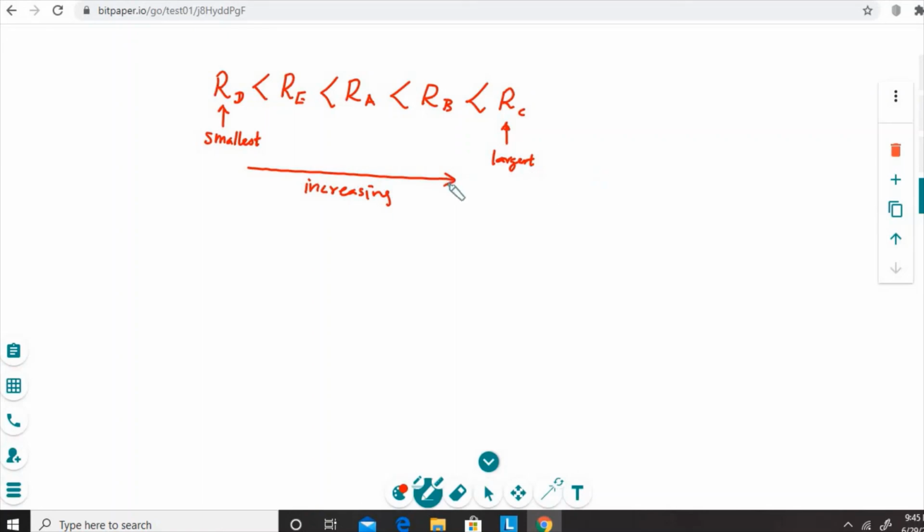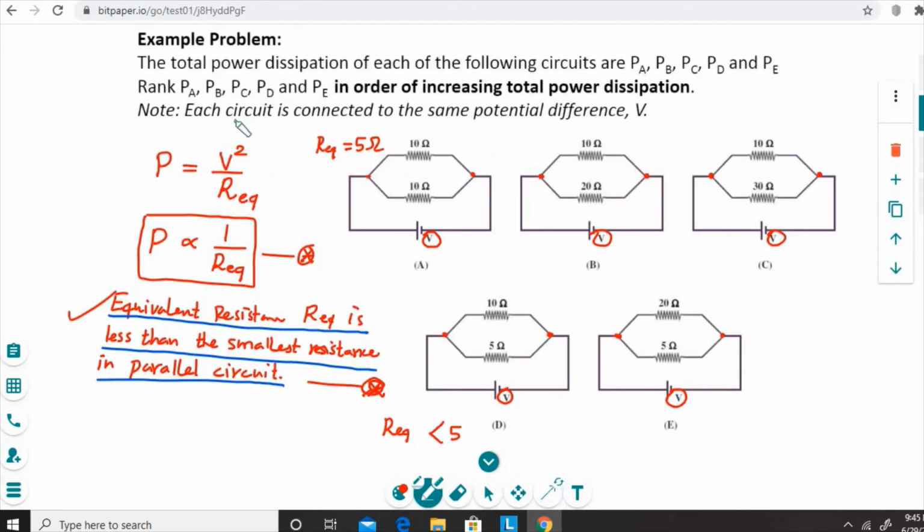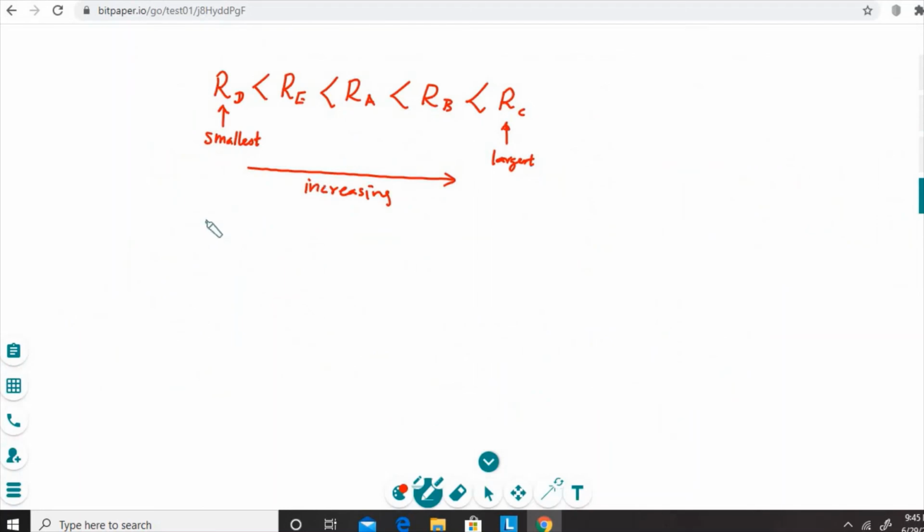But what we need is the total power dissipation. If we go back to that question, it says in order of increasing total power dissipation. As I told you before, total power dissipation is inversely proportional to the equivalent resistance.